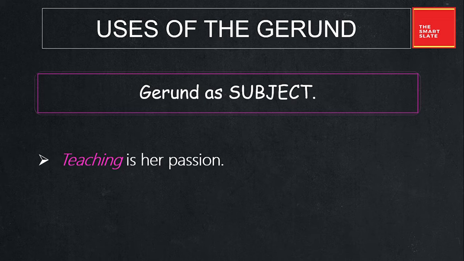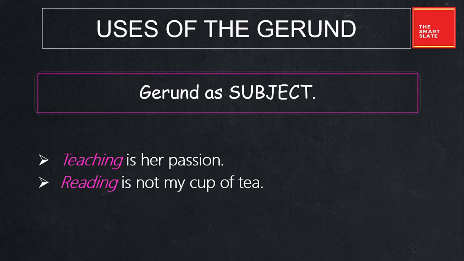If you notice this particular sentence, teaching is a gerund and teaching is the word used as subject. If you know how to differentiate a subject and predicate, you can easily understand. The remaining part of a sentence after the verb is the predicate. So teaching here is the subject, and your gerund acts as a subject.